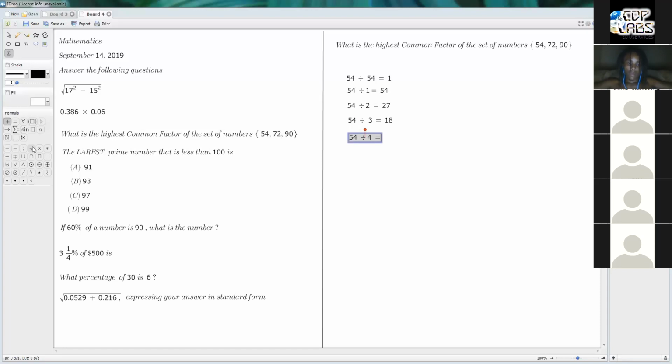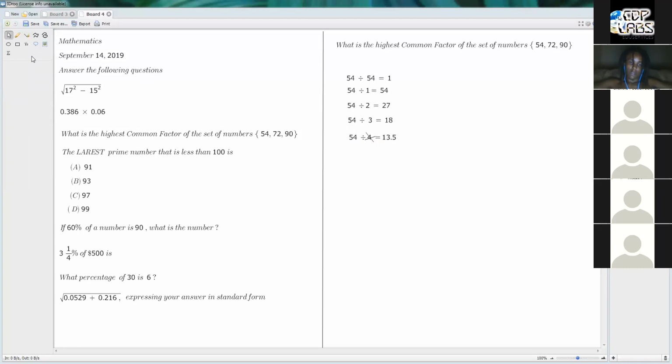So 4 is not a factor of 54. So if you get 13.5, it means that there's a remainder. Is that clear? Yes, sir. So that means the number 4 is not a factor of 54. Make sense? Yes, sir. All right.